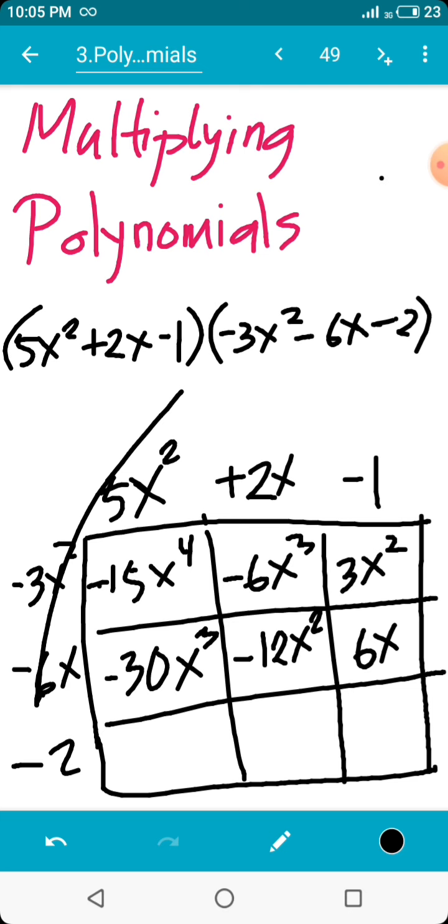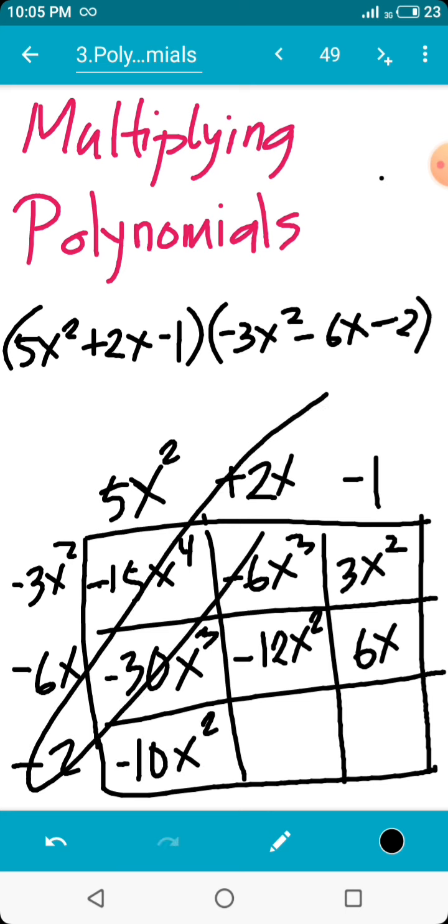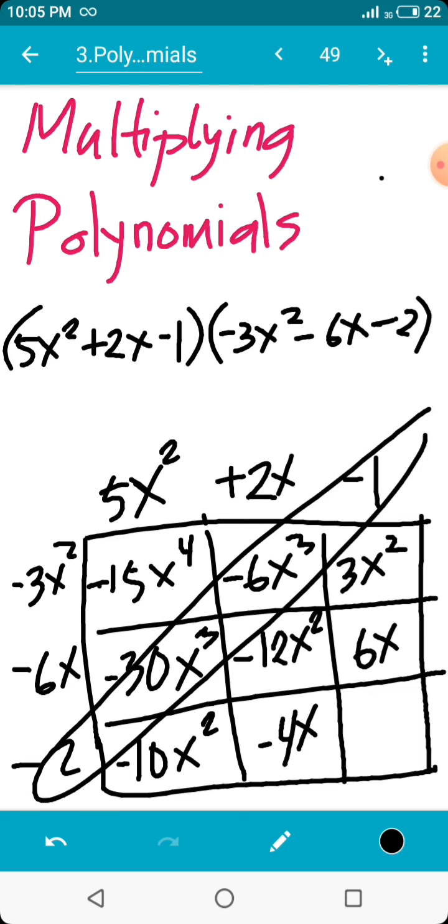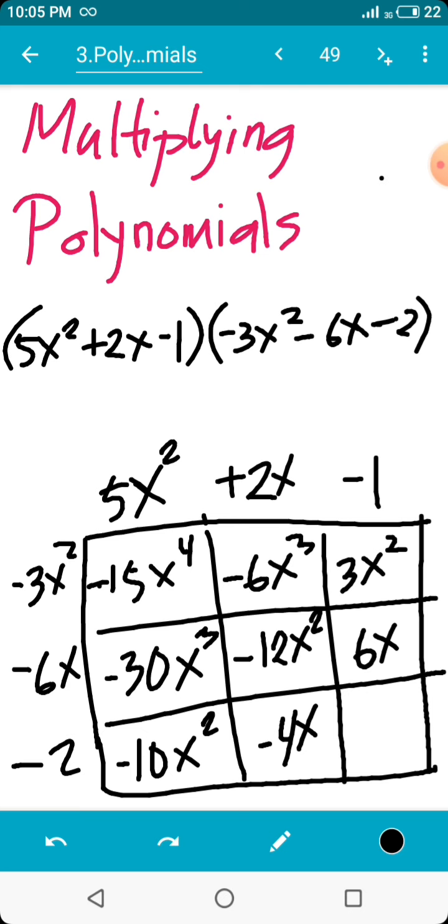And then, ito, 5x squared times negative 2. So, that is negative 10x squared. And then, 2x times negative 2. So, that is negative 4x. And then, negative 1 times negative 2. That is positive 2. Okay?